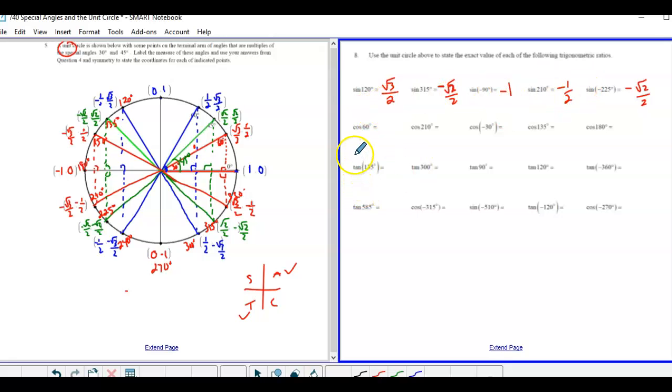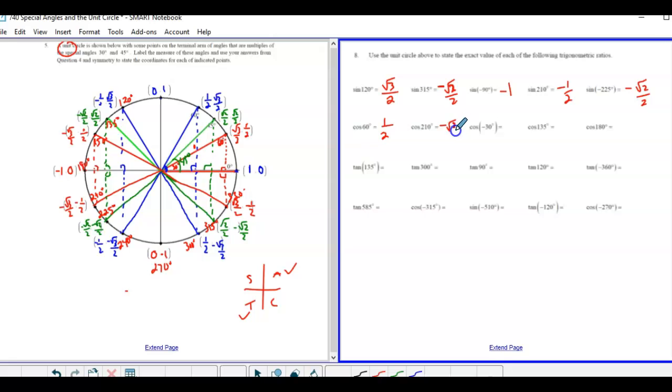Now we'll do some cosines. Cosine of 60, that's the x value, which is on the shortest side of that 30-60-90 triangle, so that's 1/2. 210 is again over here and has an x value of negative root 3 over 2.